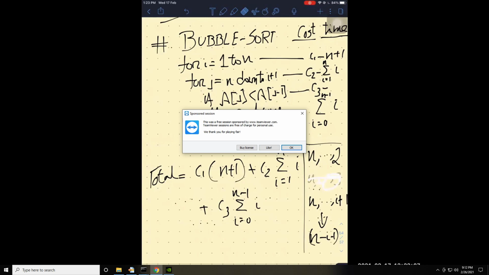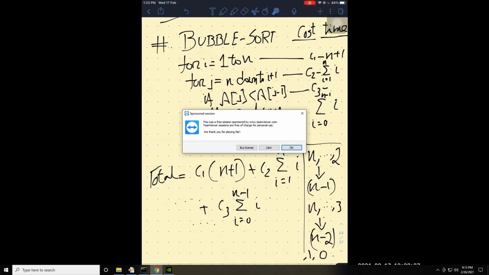Means first when I is 1, we have n minus 1 numbers there. When I is 2, we will have n minus 2 numbers. In this way, we will get down to 0, as it doesn't have to check whether I is still valid or not.